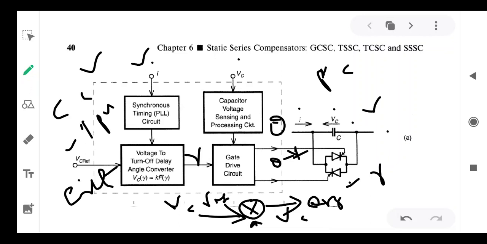So like that, at every interval you will obtain the error from reference VC and actual value. From the error you will obtain the gamma value. Gamma is altered and the signal is given as gamma plus theta, so that you can get control over the voltage injected by GCSC. The same is explained with the waveforms.